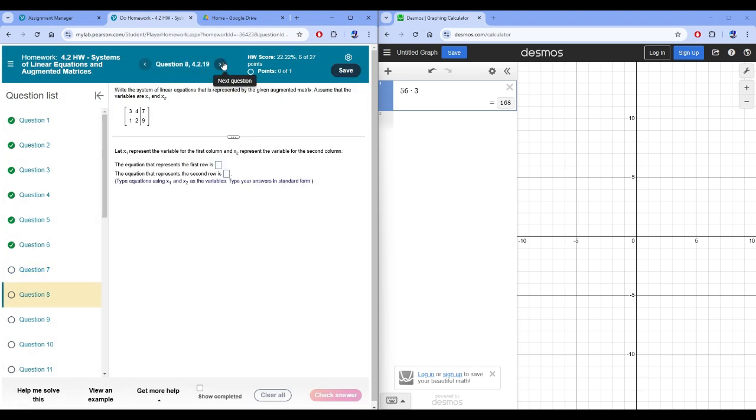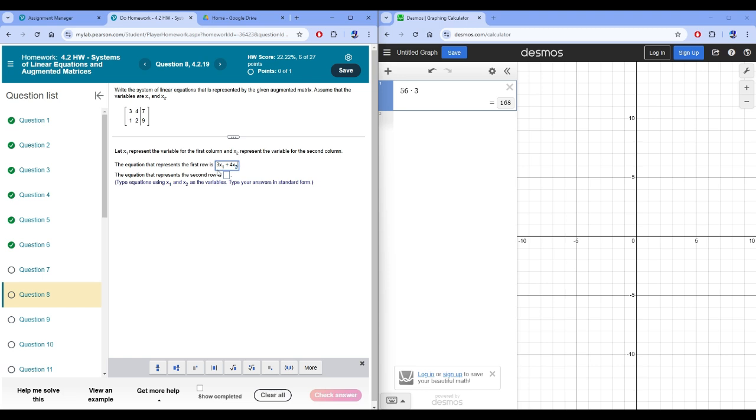No problem. So here we want to use x1 and x2 type equations. So my equation here would be 3x1 plus 4x2, using shift underscore for the subscript.